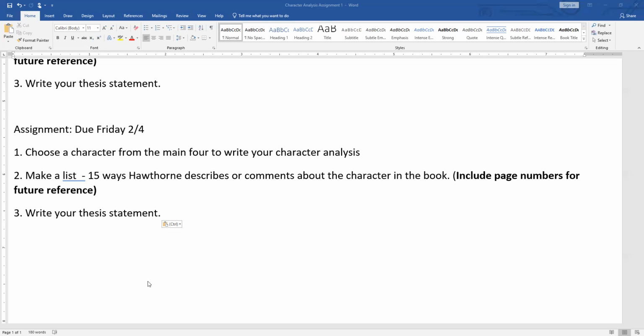I think the title of that chapter is Recognition. So go to Recognition or whatever chapter that is, and you'll know that's the chapter where we first see Chillingworth and his physical description.